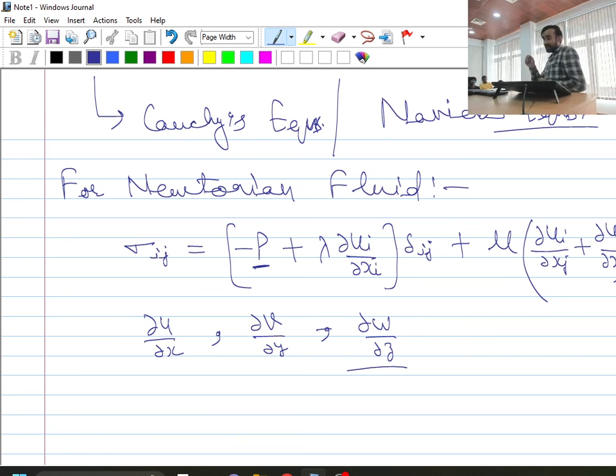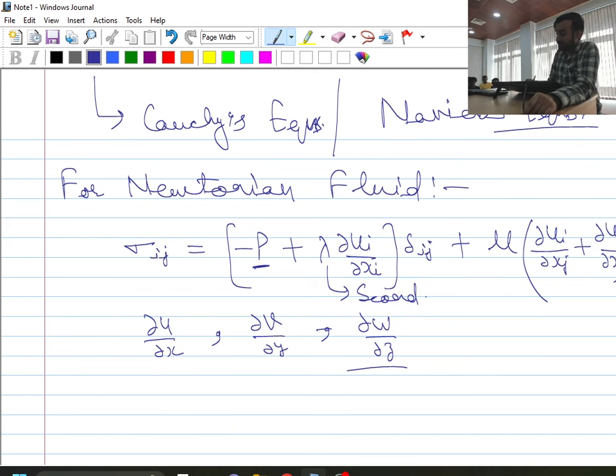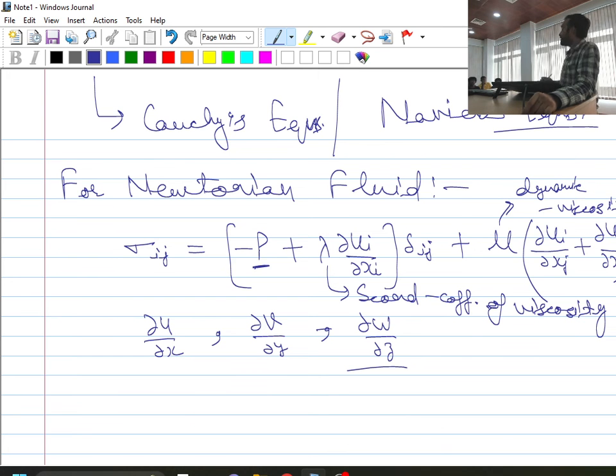So there are two constants for fluid medium, and lambda is called the second coefficient of viscosity. Mu you already know, it is nothing but our dynamic viscosity, but lambda is the second coefficient of viscosity.